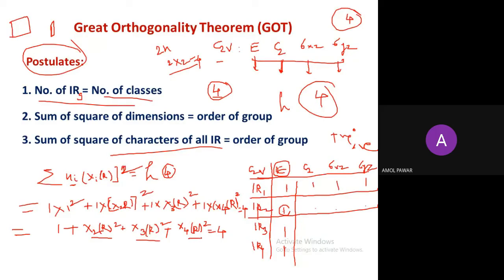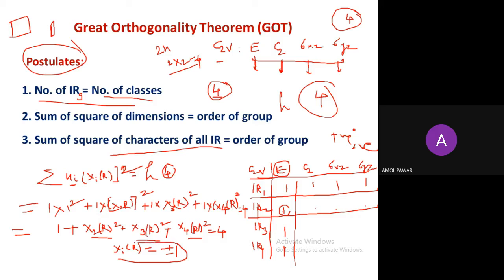Character 4 can be plus 1 or minus 1, correct? Understood? Yes or no? Yeah. So it can be plus 1 or minus 1. So I can write here character i, where i means 2, 3, and 4, is equal to plus 1 or minus 1.